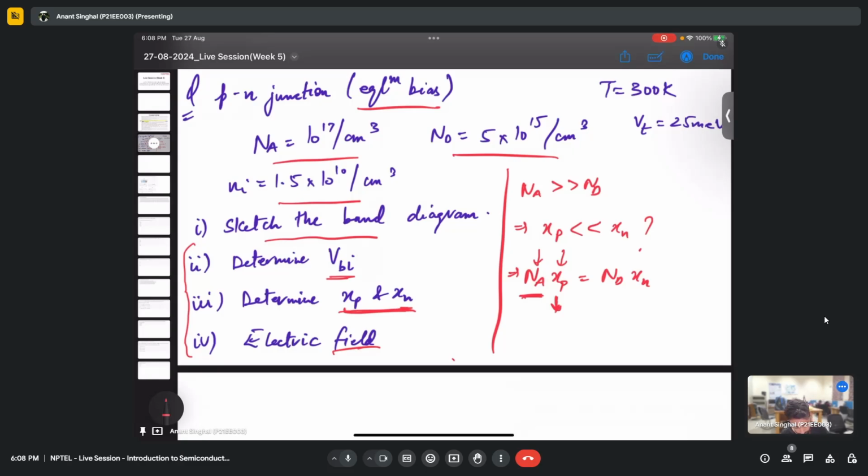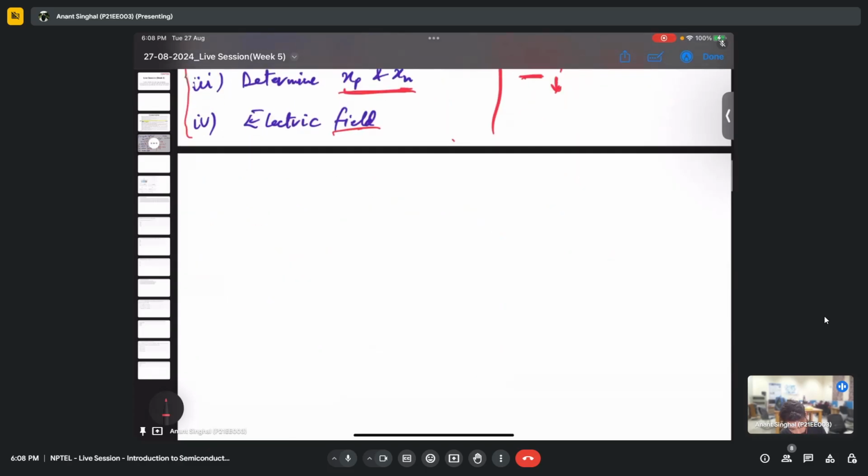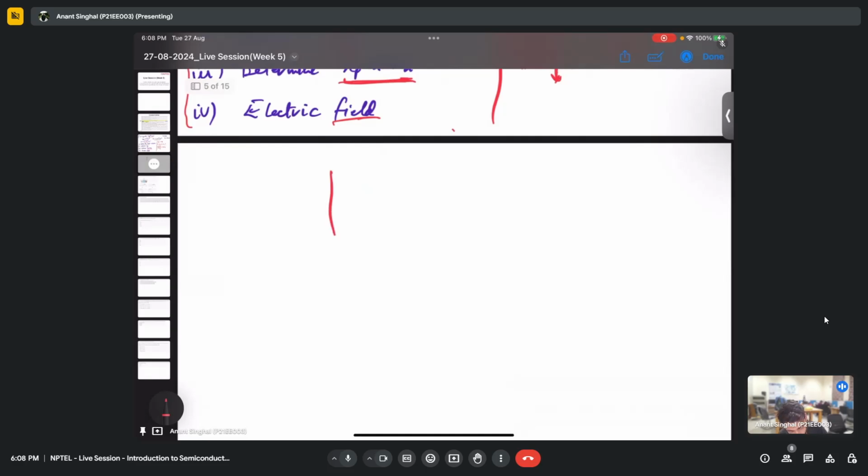So that is great. Maybe I can do the first question, sketch the band diagram to go ahead, and then you can let me know the numerical answers in the chat box. I have given a P N junction in which P doping is 10 raised to the power 17, and N doping is 5 into 10 raised to the power 15 per centimeter cube.